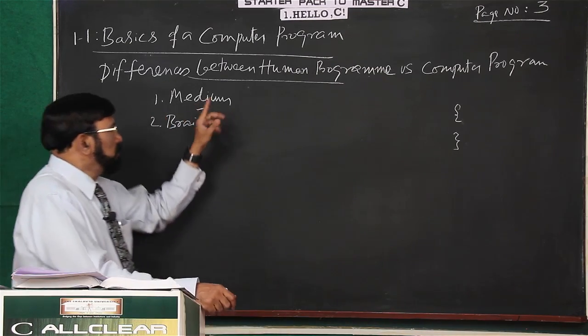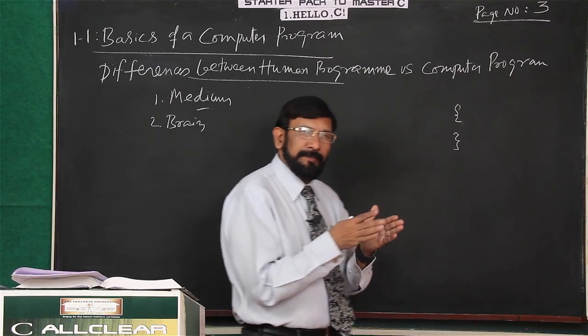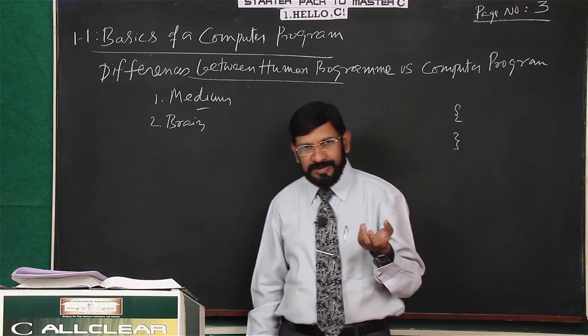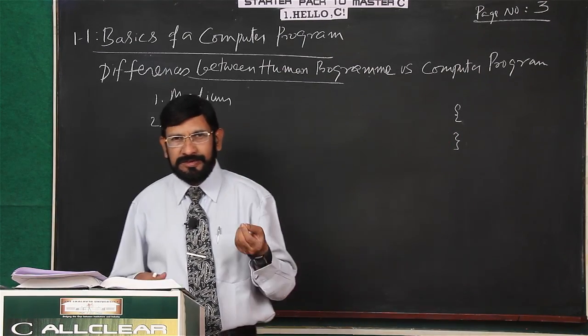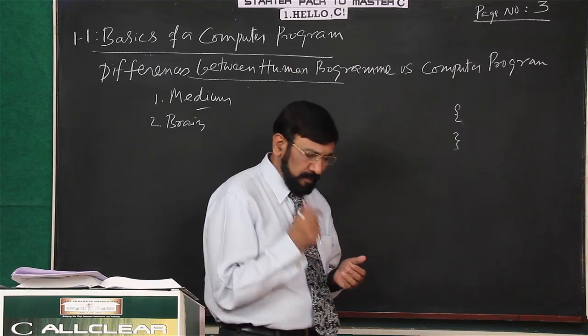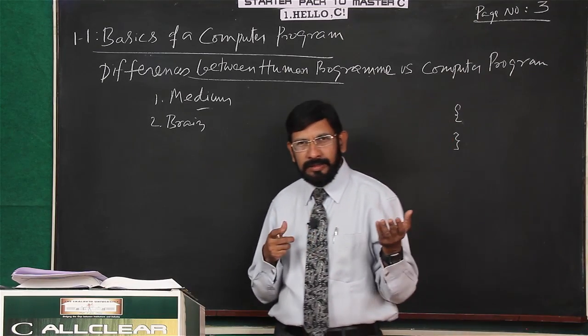So if you take a human program, your assistant applies his brain. That means even if you don't give instructions, he takes the check and he could understand. So simply if you give the check, then your assistant can understand what he has to do. You didn't give any algorithm.